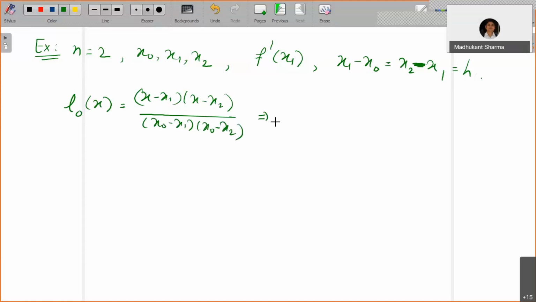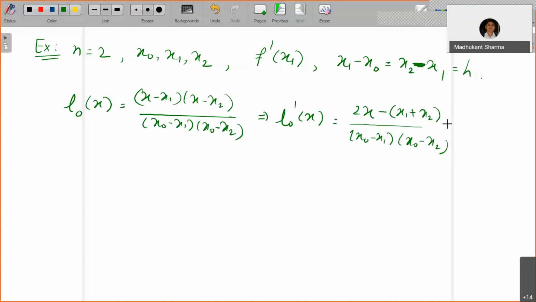So L0 dash of x equals the numerator term differentiated, with the denominator as it is: x0 minus x1 into x0 minus x2, and the numerator derivative is 2x minus x1 plus x2.